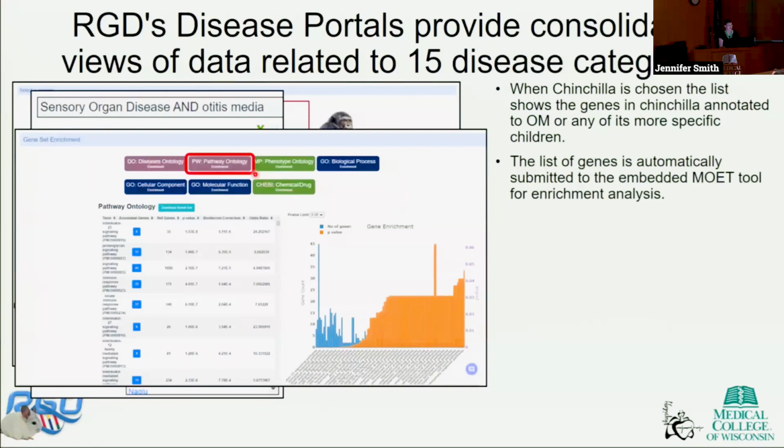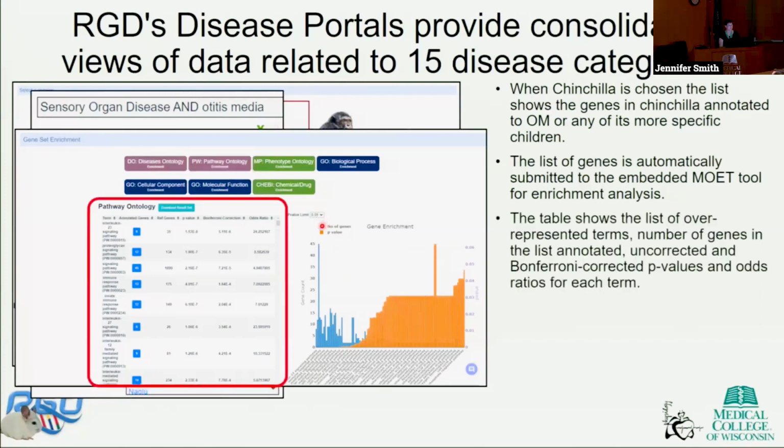If an ontology is selected in the gene set enrichment section of the page, as I've selected the pathway ontology here, the list of genes is automatically submitted to the embedded MOET tool for enrichment analysis. In the results, the table shows the list of enriched terms in the pathway ontology, the number of genes in the list of genes that are annotated to each of those terms, the uncorrected and Bonferroni corrected p-values and odds ratio for each term.